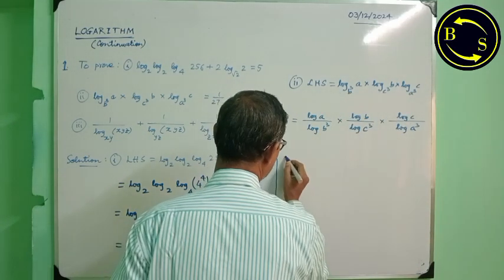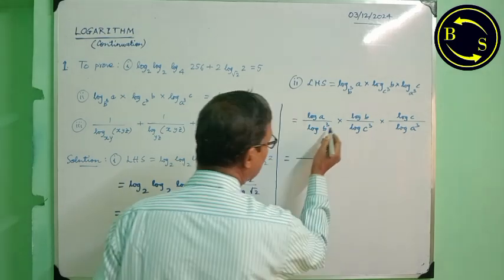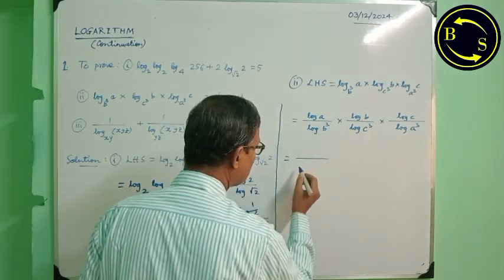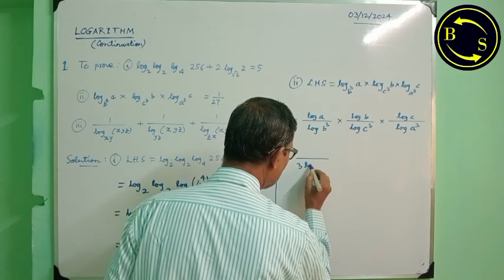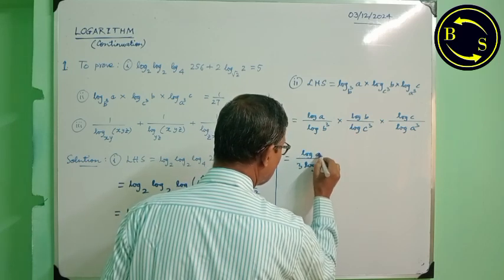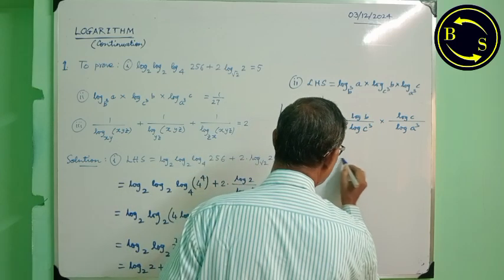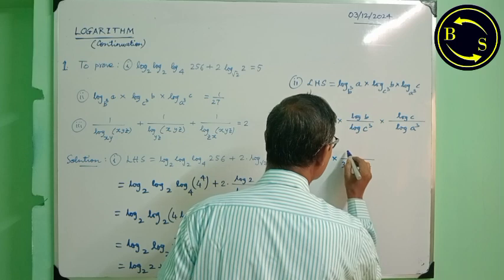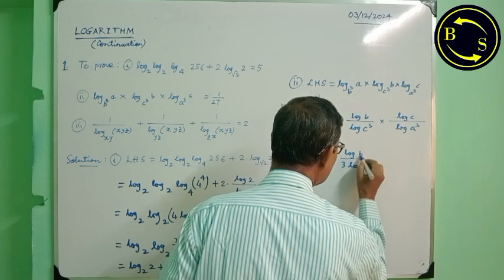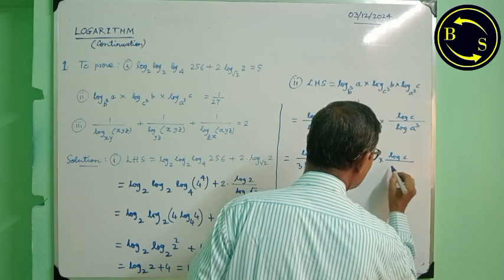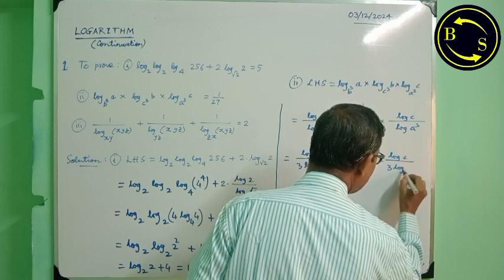Then we have log of b cubed. The power is 3, therefore it will be 3 log b, numerator log a, into 3 log c, numerator log b, into log c, 3 log a.